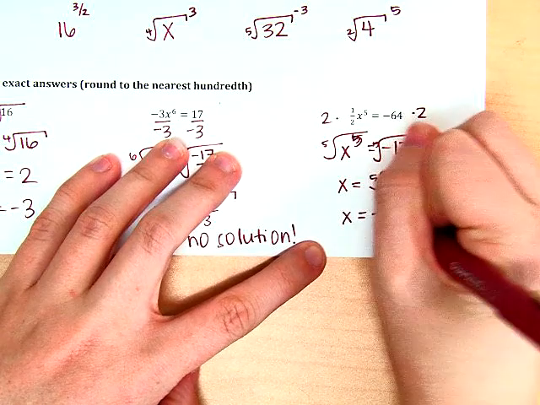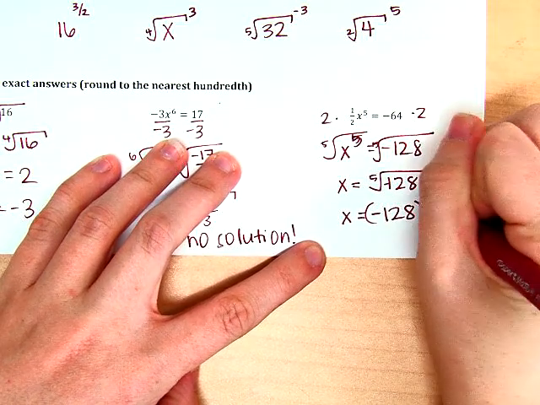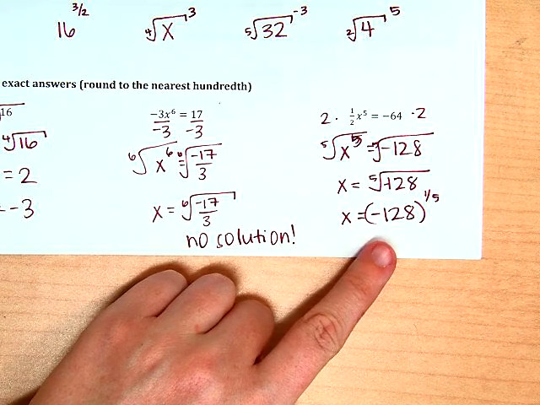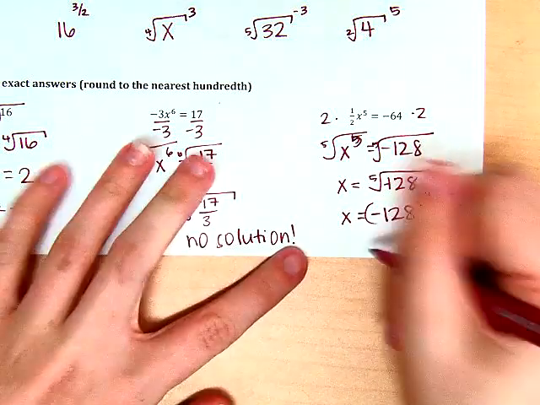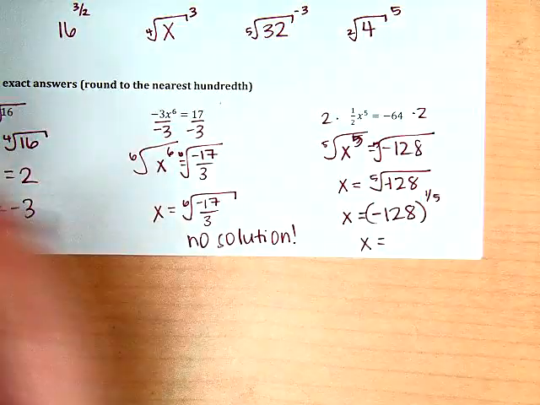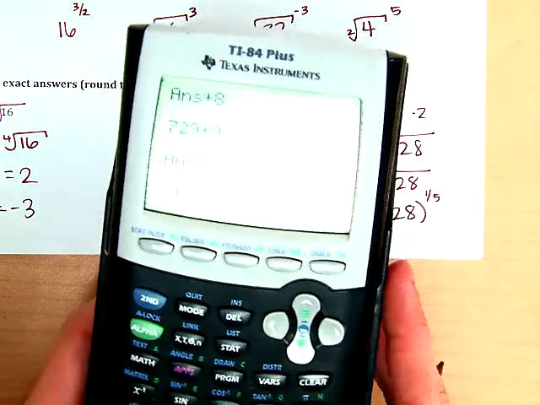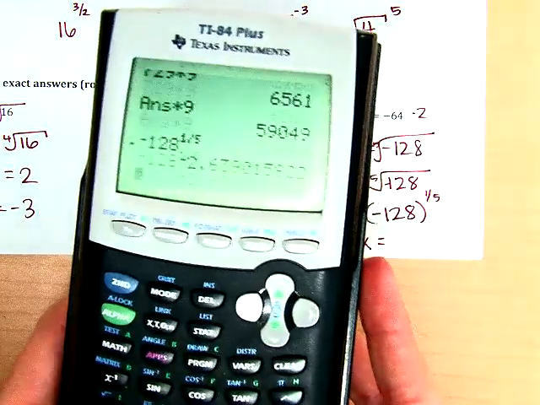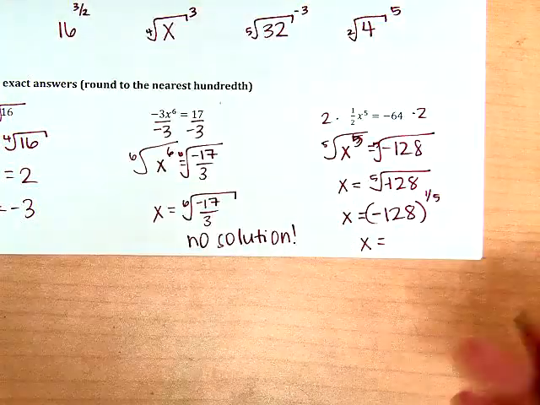So x really is negative 128 to the power of 1/5. And that is how you plug it into your calculator. And when you plug that in, negative 128 to the power of 1 divided by 5, I get negative 2.64.